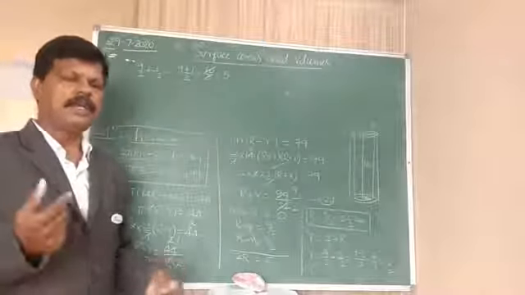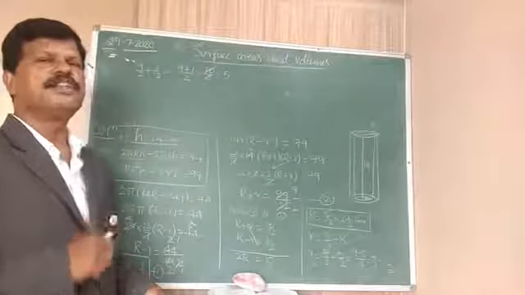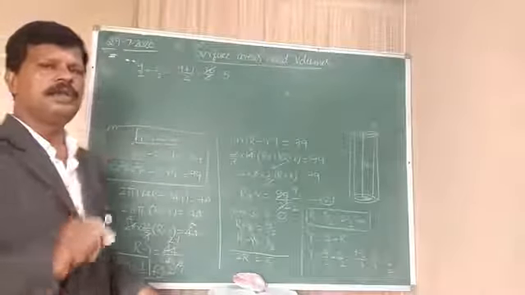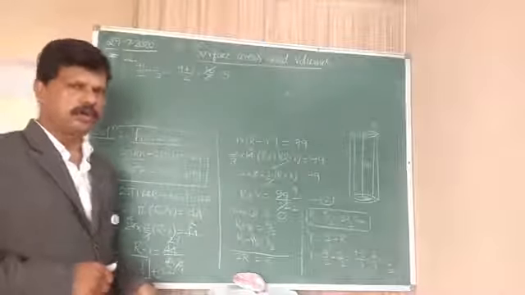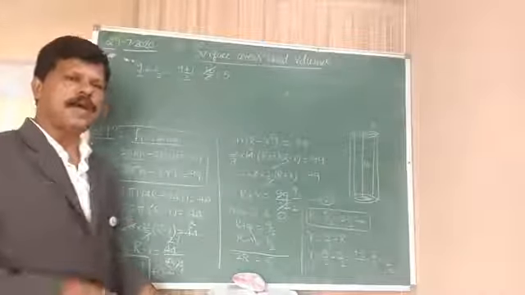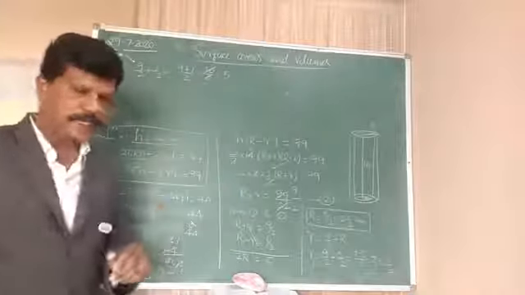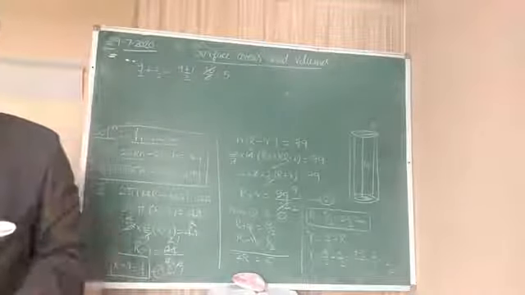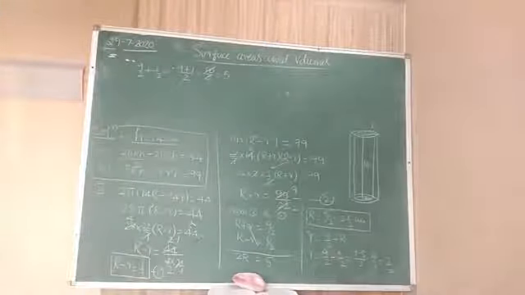If you have any doubts in your reference book, you can write down on a paper and post it or put it in the WhatsApp group. I will answer it and send it back. Clear? Okay. So this is surface areas and volumes, a very, very important chapter. You just drill work repeatedly. Clear?